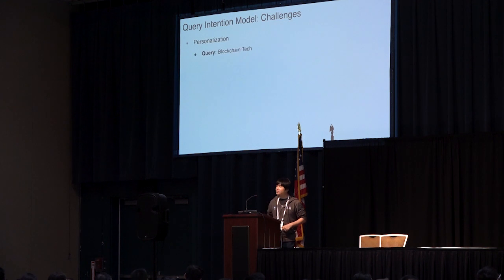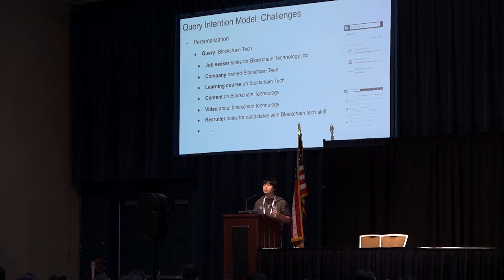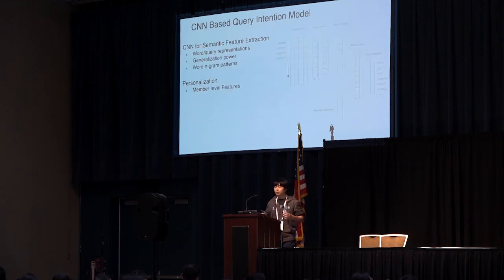The second challenge comes from personalization. See, I have a query, blockchain tech. What is this about? It can be about a lot of things. It can be looking for jobs, or looking for companies, or content, video, or even a recruiter looking for these kinds of candidates. We don't know. So in order to tackle the deeper semantics and the personalization challenges, we used one of the deep neural network models, CNN.